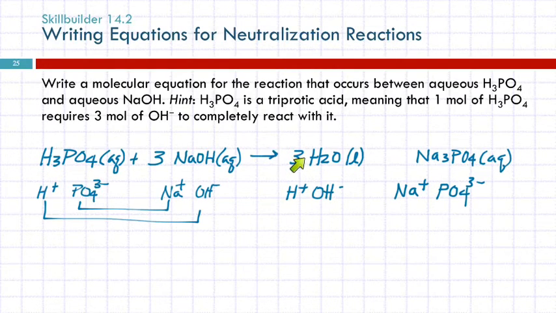Let's make sure that this 3 is working for us. 3 oxygens. Well, there's 3 oxygens from here. Those 4 oxygens are over here. And then we've got 3 times 2, 6 hydrogens on this side. We've got 3 hydrogens here and 3 hydrogens there. Any questions?